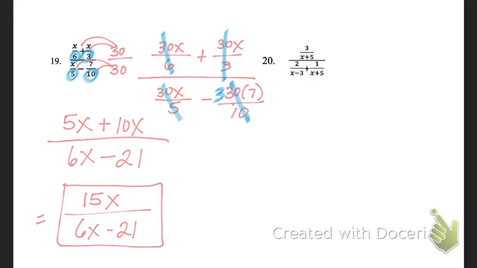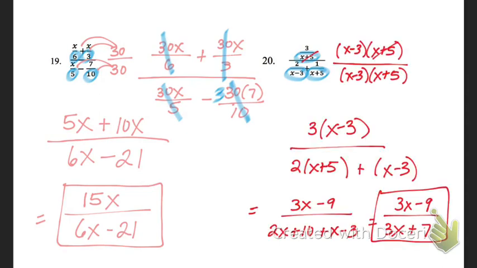Okay, so I want you to try number 20. Here are my denominators, x plus 5, x minus 3, and x plus 5. So the least common multiple was x minus 3 times x plus 5. You put the x minus 3 to the top for 3?